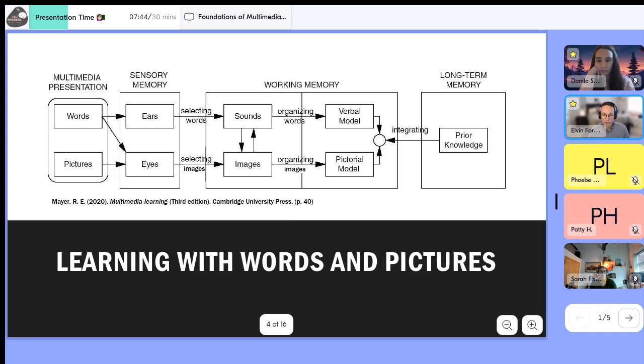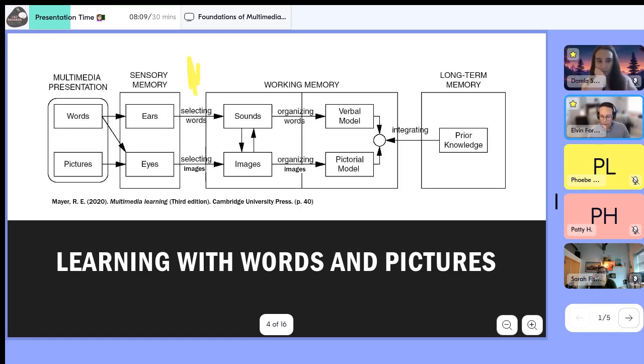What happens is you get to this sensory memory part. That sensory memory part is seconds or less. It's the immediate impression that your physical senses get of those words and pictures, right? What goes through the ears, what goes through the eyes, that's stored in sensory memory for a few seconds. What happens here is something very important.